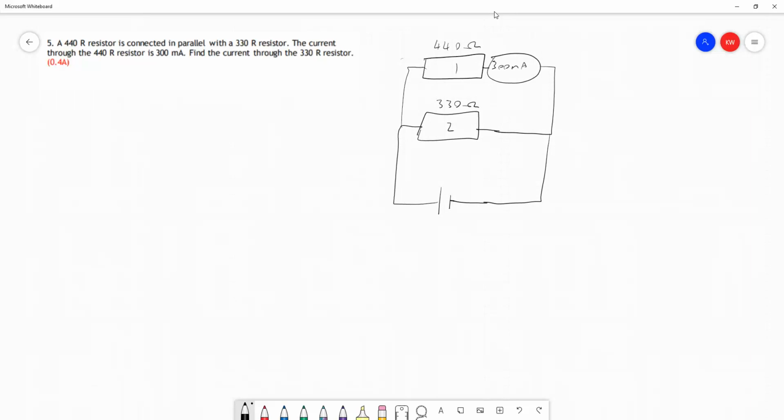So we know I1. I1 is 300 milliamps. Maybe write this as 0.3 amps, because that's the units we're going to be working with. We know our resistances, but we don't know anything about the second resistor's current.